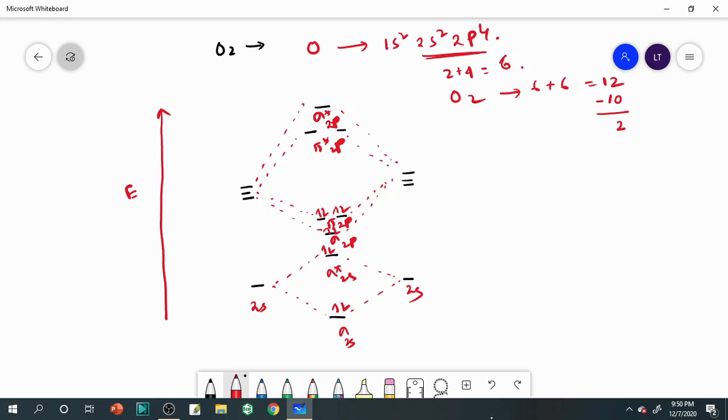The remaining 2 electrons we have to put in the degenerate pi star 2p level. As you have been told before, since the level is degenerate, at first it will be singly occupied, so in each orbital of the pi star level there will be one electron.